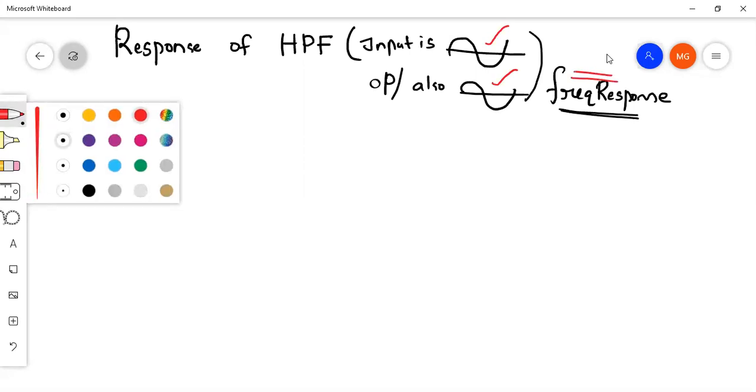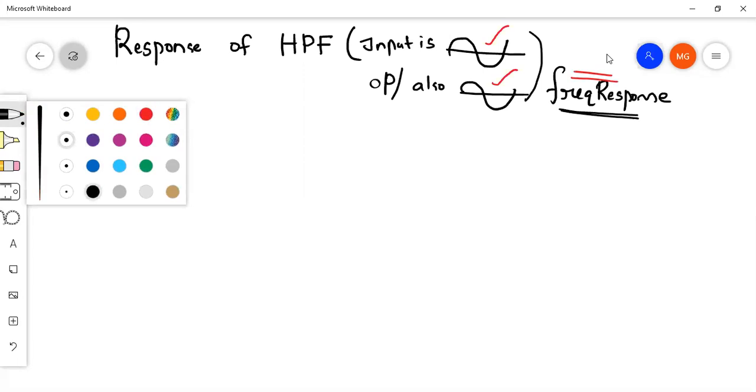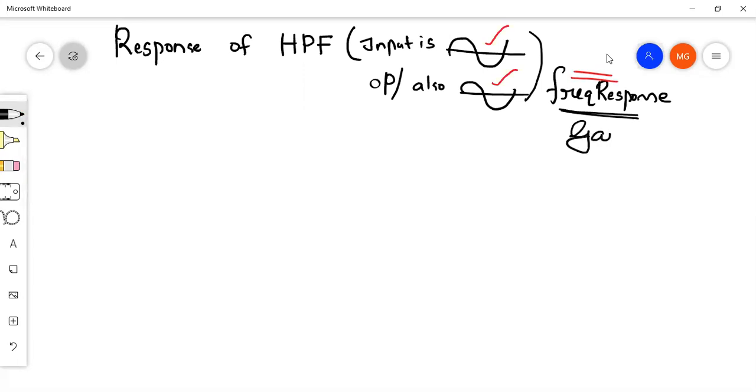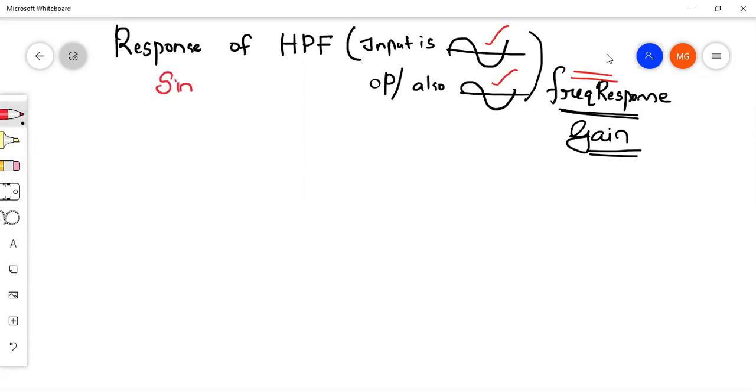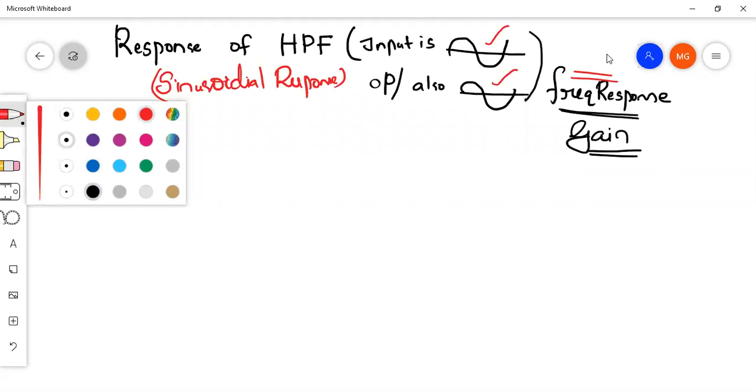At the same time we can calculate gain. ഈ രണ്ട് കാര്യങ്ങൾ കാൽക്കുലേറ്റ് ചെയ്യണമെങ്കിൽ ഇൻപുട്ട് മസ്റ്റ് ബി സൈനസോയിഡൽ. That response's other name is called sinusoidal response. Sinusoidal response.